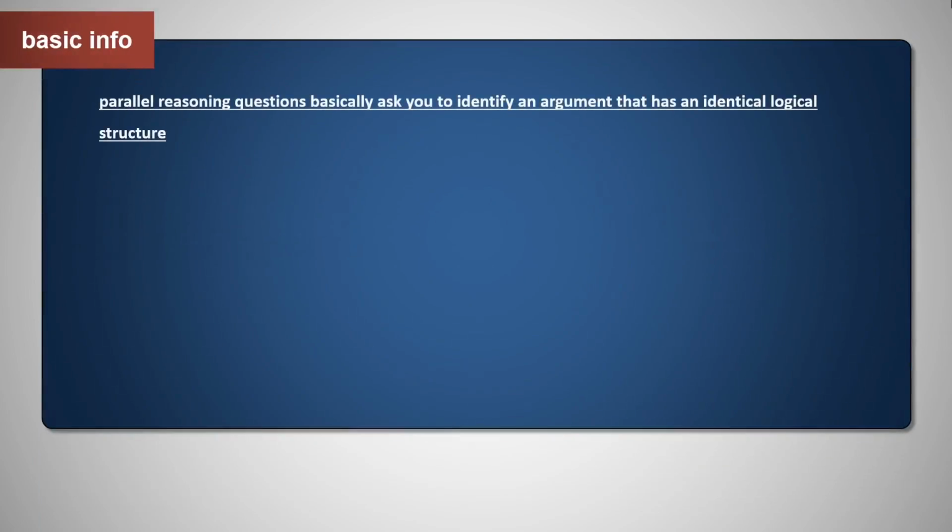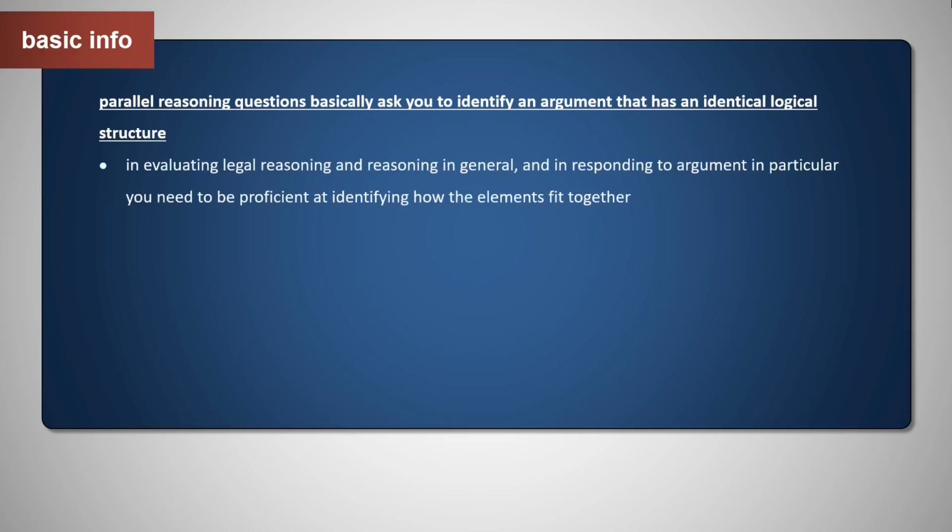Okay, so in terms of the basic information, parallel reasoning questions basically ask you to identify an argument that has an identical logical structure. Now, in evaluating legal reasoning and reasoning in general, and responding to arguments in particular, you need to be proficient at identifying how the elements fit together. So that's the legal context.